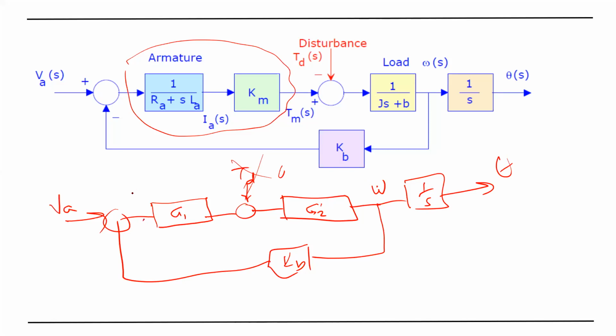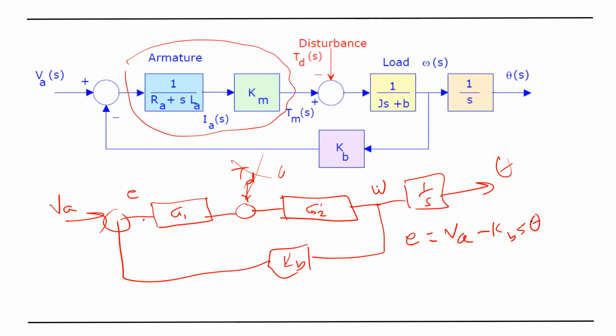And let me call this one E, the error. So what is the error equal to? Error equals VA minus VB, minus KB omega, which is S theta.